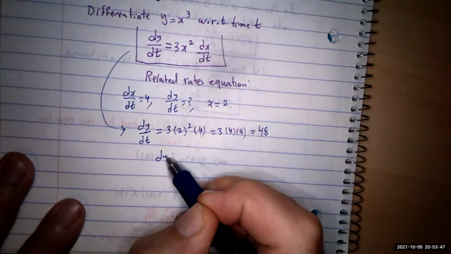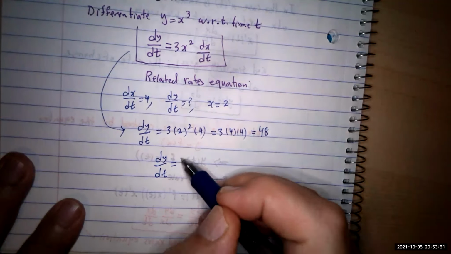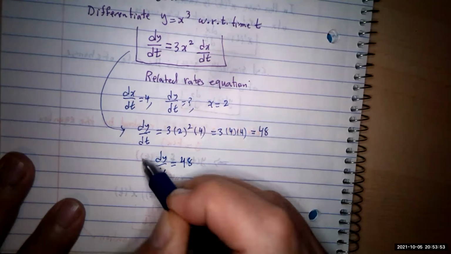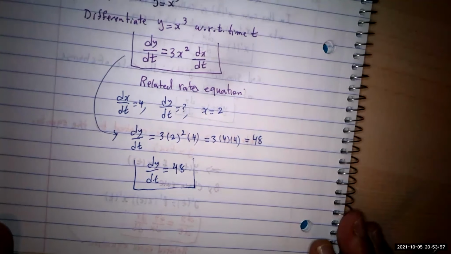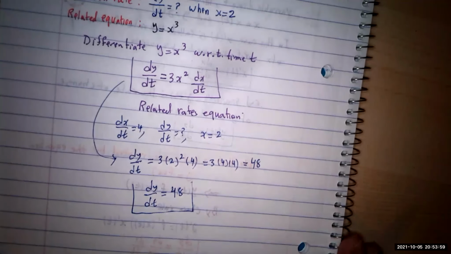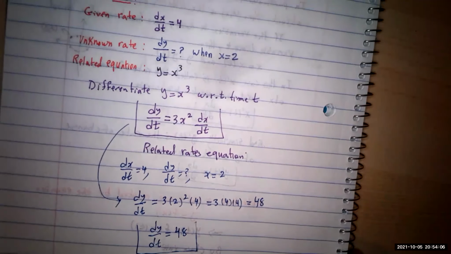So dy/dt is going to be equal to 48. If there is any unit, you are going to use it, but in this case, no unit was given to you. That's it. So this means dx/dt equal to 4 is the rate of change.